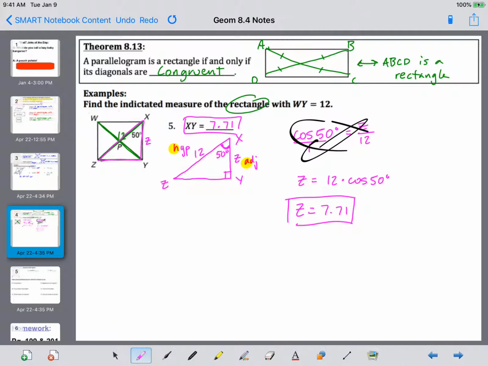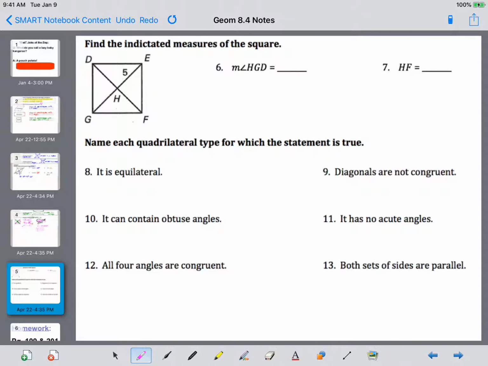All right, so now the last couple of examples are going to deal with squares for the last example. So if you flip to this example 6 and 7, they tell us this figure is a square. So we know a couple of things. First of all, to find the measure of angle HGD. HGD is this angle here, if we go from H to G to D. All right, so that is the entire thing we know is a right angle.